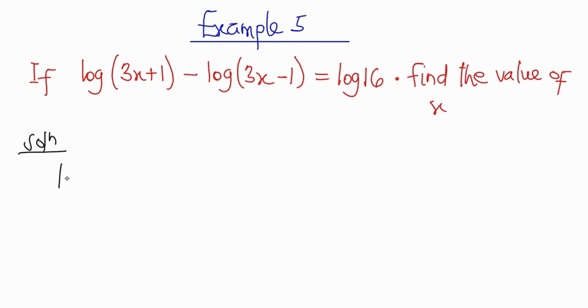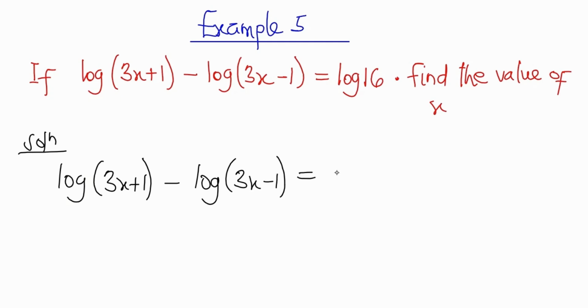Just like the question said, we write the logarithm of 3x plus 1 minus the logarithm of 3x minus 1, which is equal to the logarithm of 16. Remember that the base is not written, so it implies they are of base 10.